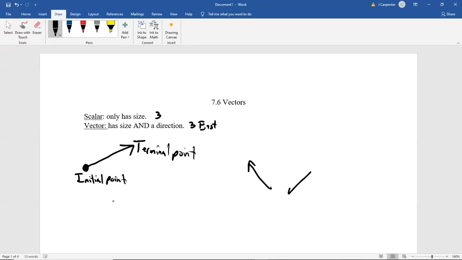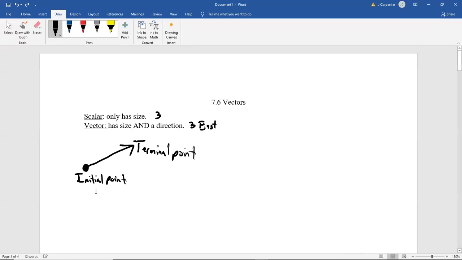They can point down and left. They can point down and right. They don't have to be all the same length. They can be longer or shorter. And all these vectors represent different values in different directions. The length of the vector is what represents the size. So the longer the vector, maybe the faster you're moving or the more distance you're covering.